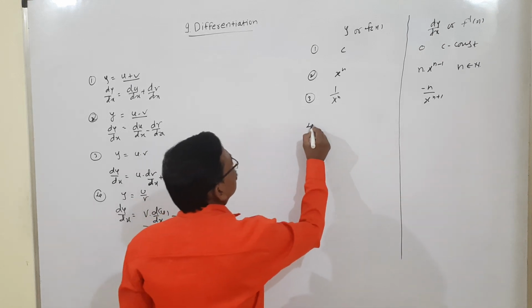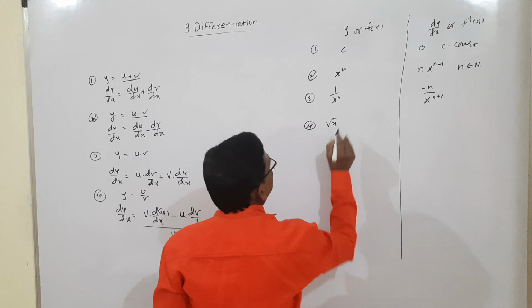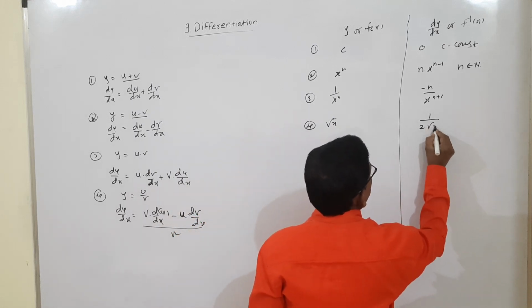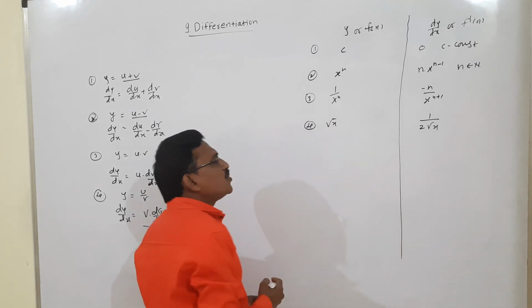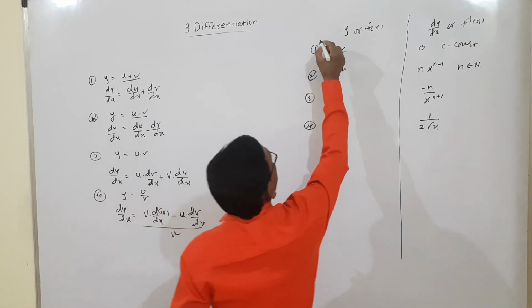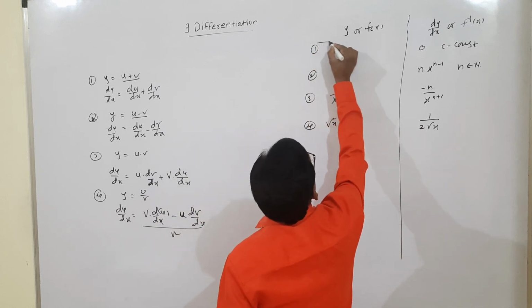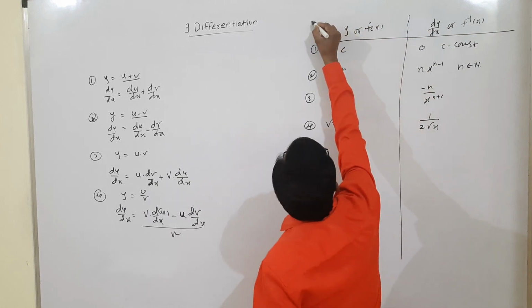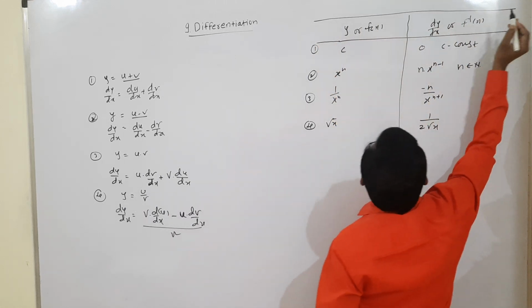And fourth, root x: its derivative is 1 by 2 root x. So these are the algebraic functions. So this is our table.